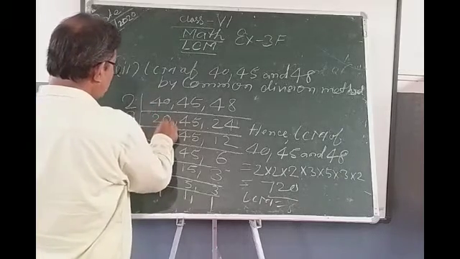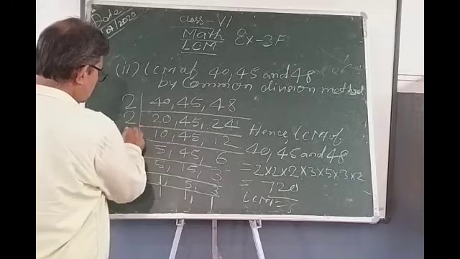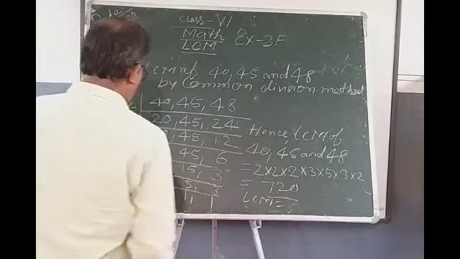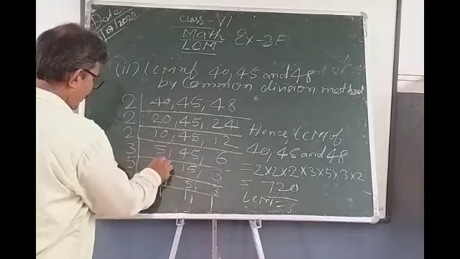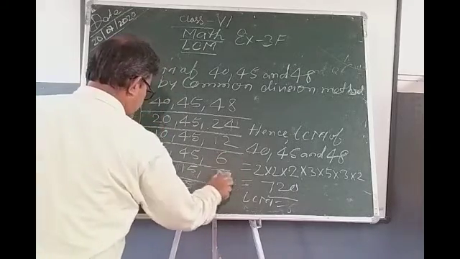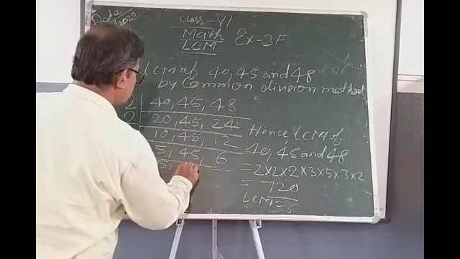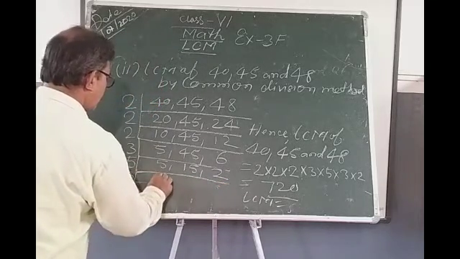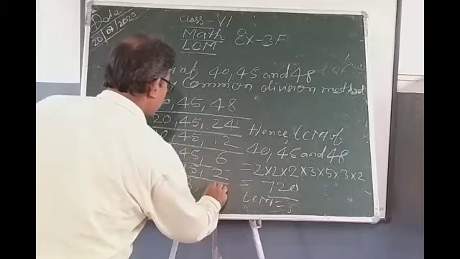So take 2. 2 20s are 40, 45 as it is, 2 24s are 48. 2 10s are 20, 15 not divisible, 45 as it is. 12. 2 5s are 10, 2 6s are 12. 3 divides two numbers. 5 as it is. 5 1s are 5, 5 3s are 15, and 2 as it is.